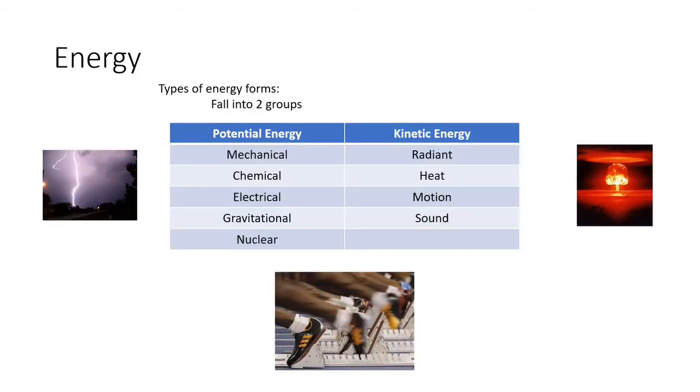Energy can fall into two distinct groups: potential energy and kinetic energy. As you'll see in biomechanics, where you'll discuss this as well, potential energy could be mechanical, chemical, electrical, gravitational, or nuclear.